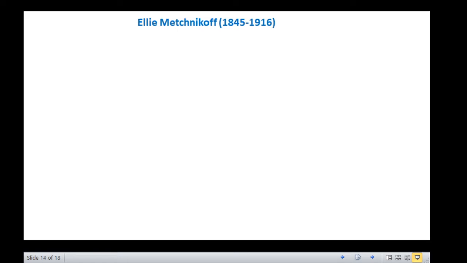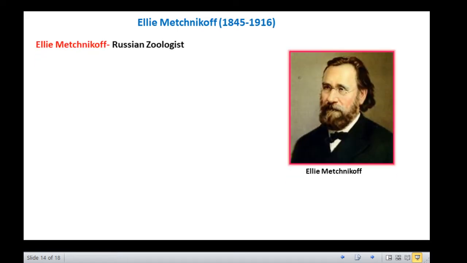Elie Metchnikoff was a Russian who was one of the first scientists to study the body's defense against invading microorganisms. He served as a professor of zoology and comparative anatomy. It was in Messina, Italy, while studying the digestive organs of starfish larvae that he discovered phagocytosis.